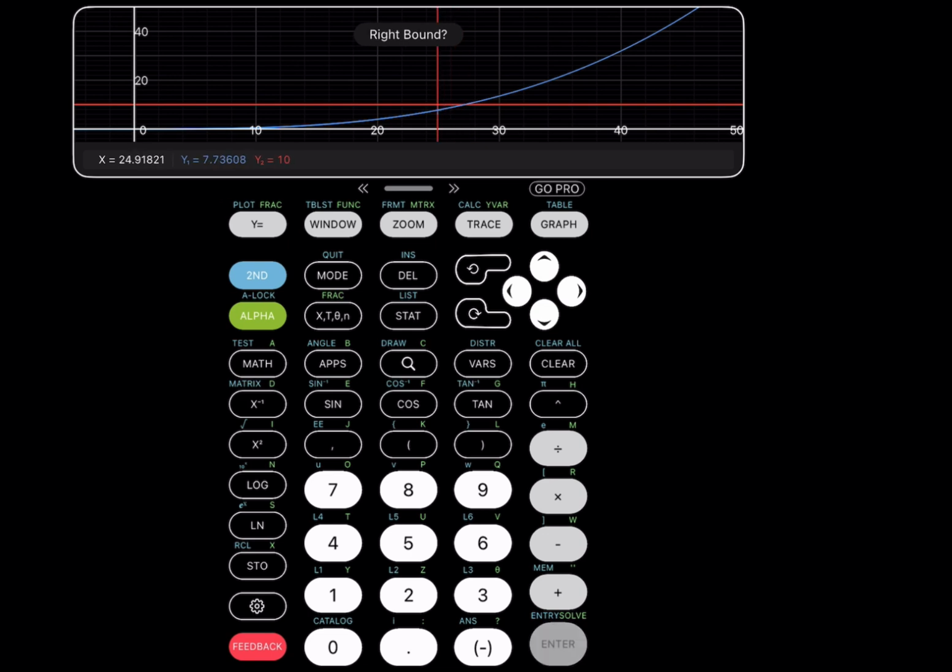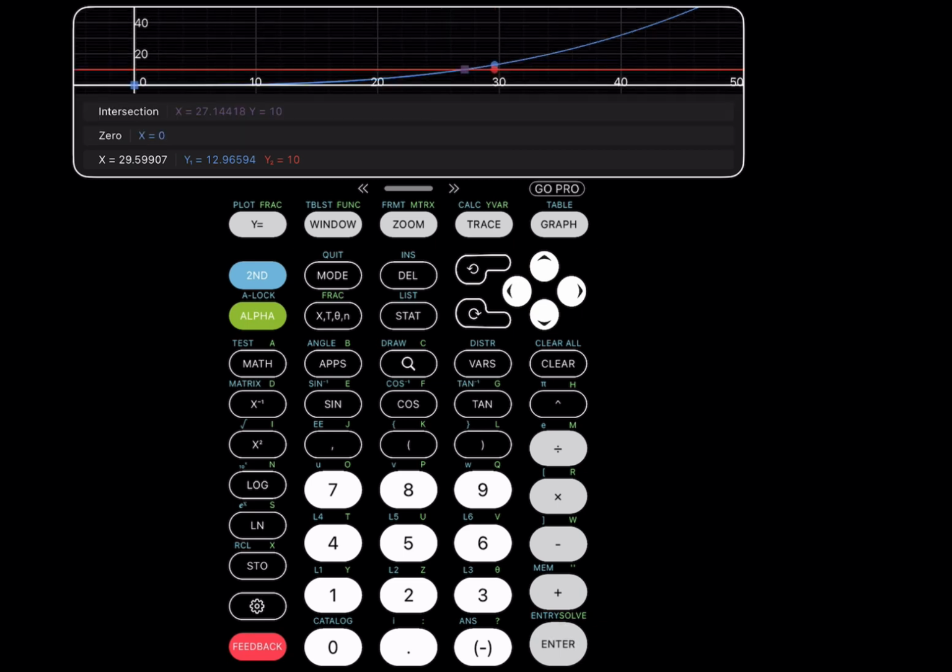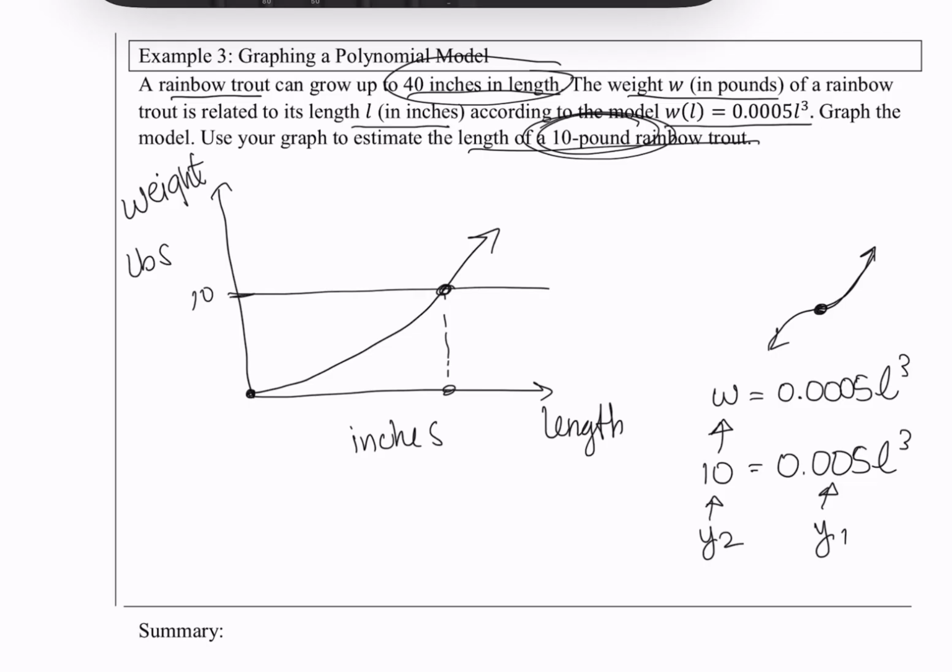I'll go to the left, go to the right. My calculator works a little bit differently than yours. It's going to go ahead and give me that intersection at 27.144. So this point right here is 27.144, comma 10, which tells me that the length of a 10-pound rainbow trout is approximately 27.144 inches.